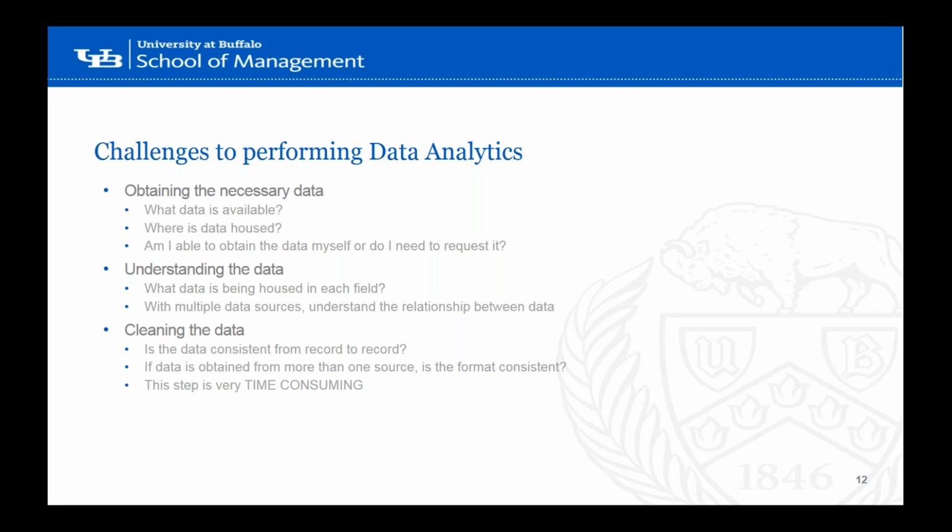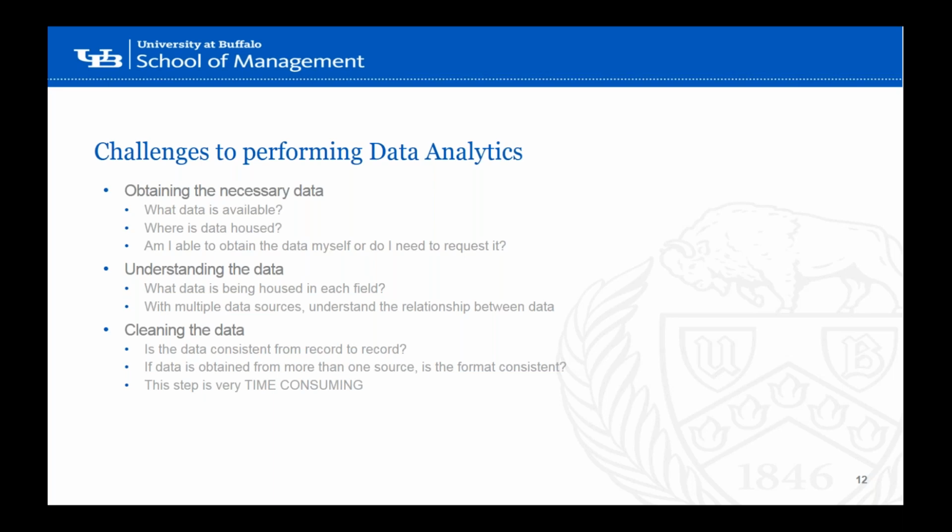Cleaning data. This is a very, very time-consuming process and very, very challenging. There are some industry guidelines out there. I think the AICPA has some guidelines in terms of what data format should look like, and how dates should be consistently formatted and how numerical values should be consistently formatted.